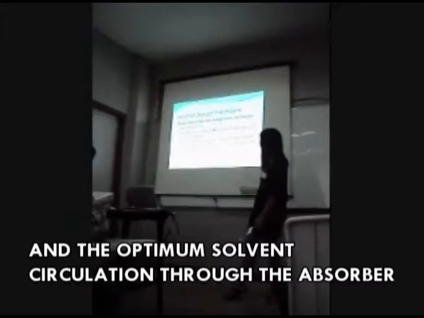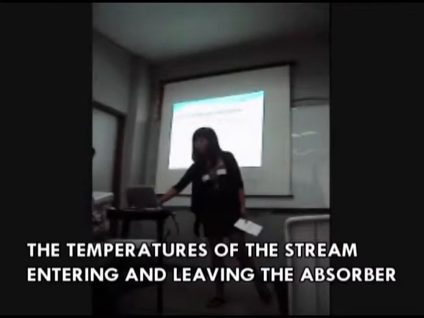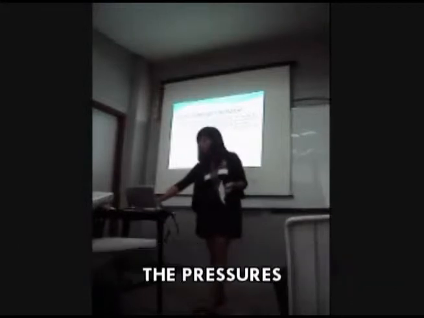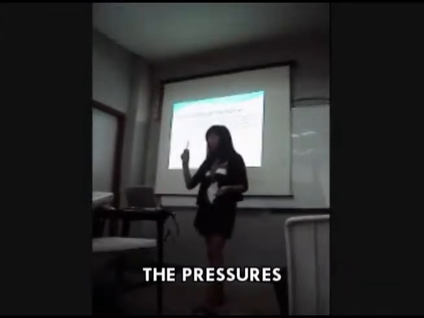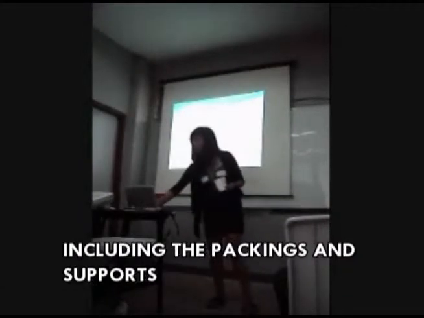And the optimal solvent circulation through the absorber. The temperatures of the streams entering and leaving the absorber, the pressure, the mechanical design of the absorption and stripping vessel, including the packing and support.